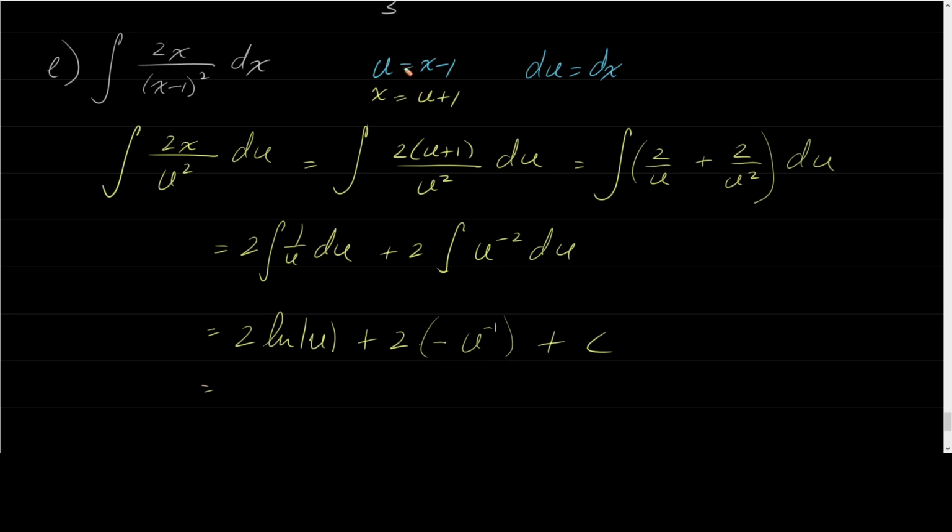The problem's never about u, it's always about the x. So we have 2 times ln of the absolute value of x minus 1 minus 2 over, because positive times a negative is negative, u to the negative 1, I'm bringing it to the bottom. So x minus 1, and all of that plus c.